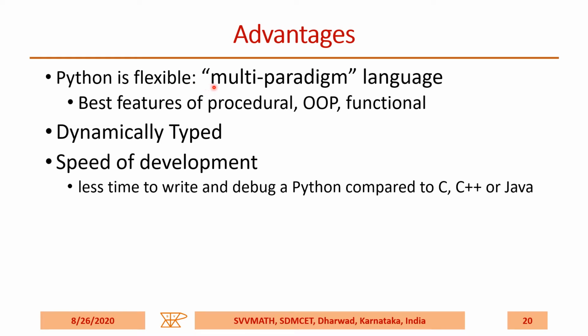Python is a flexible language and the best features of procedural programming are available in Python. Object-oriented programming concepts, all those are available in Python. And functional, all these are available in Python, that's why it's called multi-paradigm. It's dynamically typed, and speed of development is better, less time to write and debug in Python compared to C, C++ or Java.